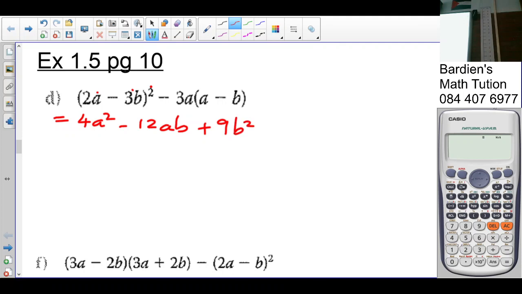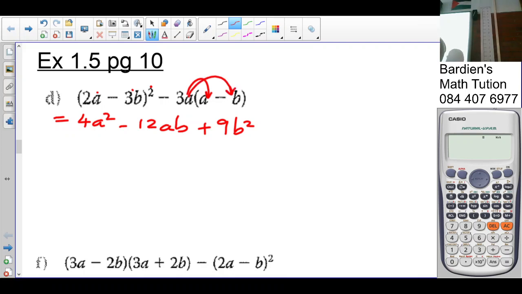You all agree with that? Otherwise, if you're not comfortable with it, you would have written that out twice, and then multiplied it out. And then this one here. At this point, I can multiply the negative 3a in already. So it's going to be negative 3a times a, negative 3a times negative b.